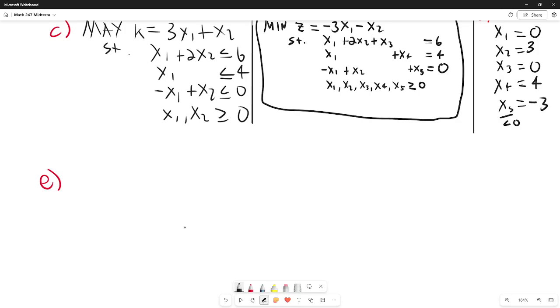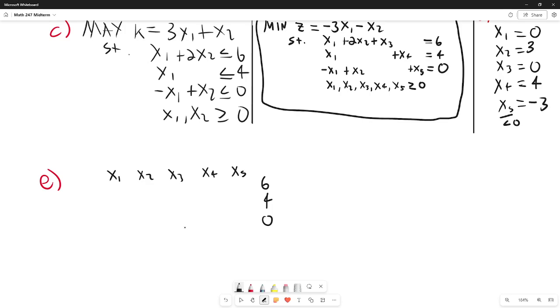So remember, we're working with x1, x2, x3, x4, and x5. And then along the side we have 6, 4, 0. And then we're going to put the values of the coefficients for each of these variables in each equation.